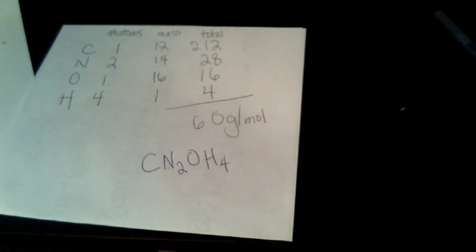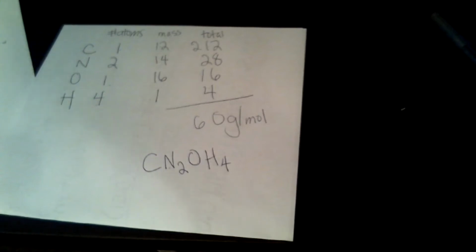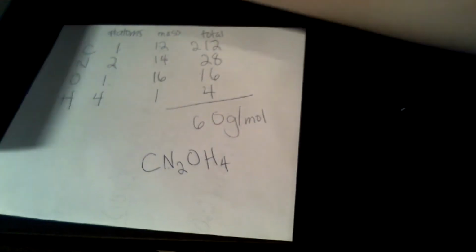There's a lot of ways you could write this. You could say that atoms are not created or destroyed. Same number of each type of atom on each side. You would say there's 1 carbon on each side, 2 nitrogens, 4 hydrogens, 1 oxygen, something to that effect. Just that there's a conservation of matter.